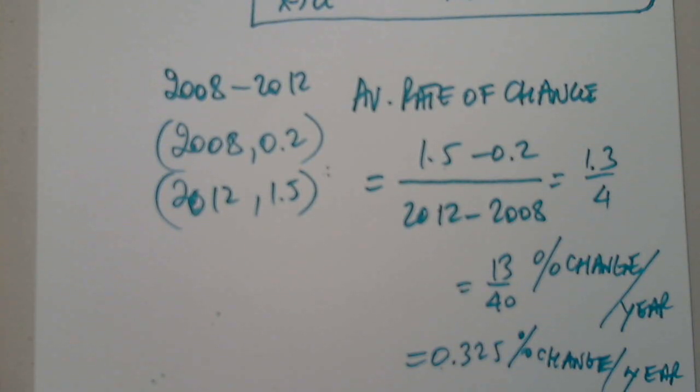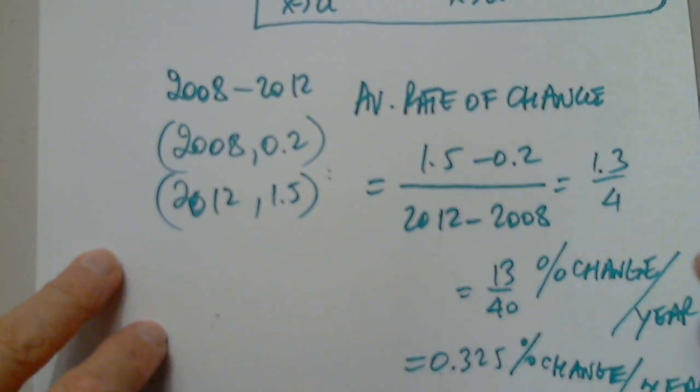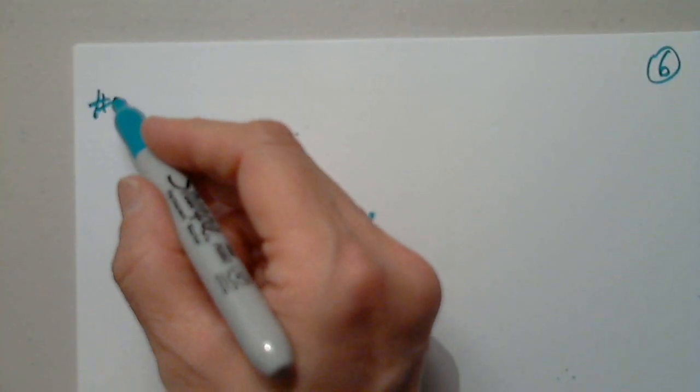Total cost. Suppose Fast Trends determines that the cost in dollars, C of X, of producing X iPod holders is given by: find C of 305 minus C of 300 over 305 minus 300 and interpret the significance of this result. Okay, so C of X, and that's 51.